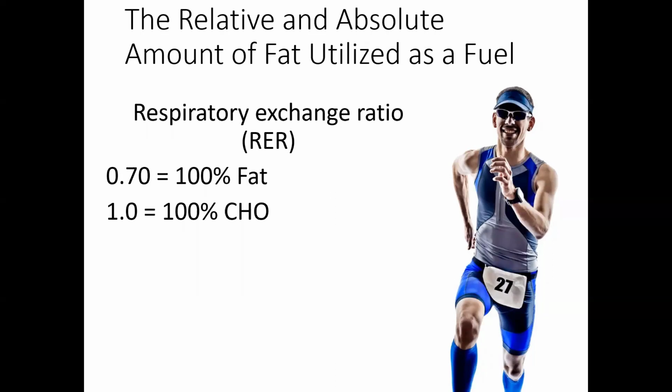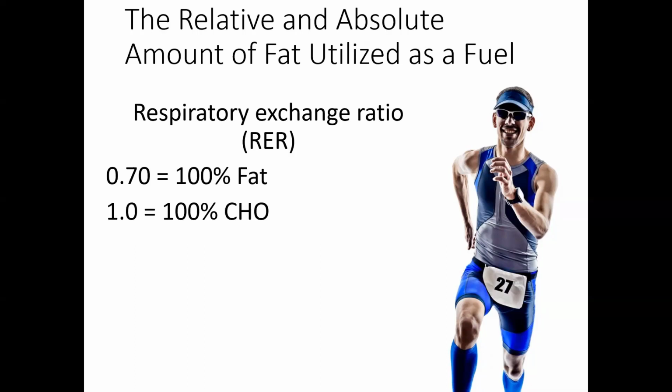And if you get an RER of 1.0 or even greater, that means you're burning 100% carbohydrate. If you've paid attention to chapter 3 in some of the videos, I've shown you what metabolic reports look like. If you want to go back and check that out, you can.